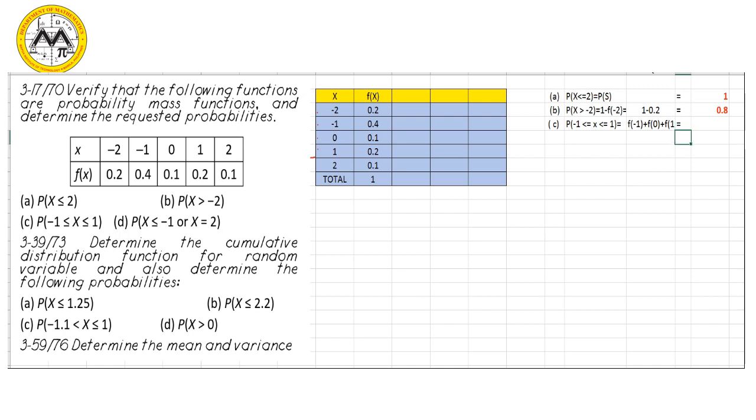So -1 is 0.4, plus 0.1 plus 0.2. So 0.4 plus 0.1 is 0.5 plus 0.2 is 0.7. The answer is 0.7.